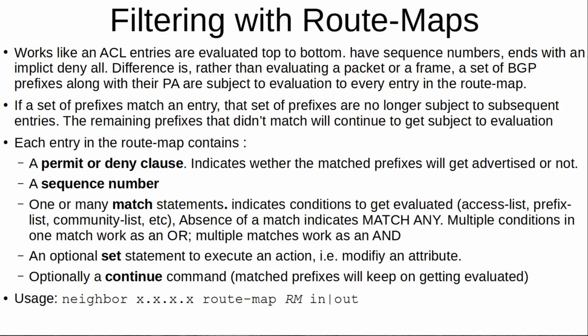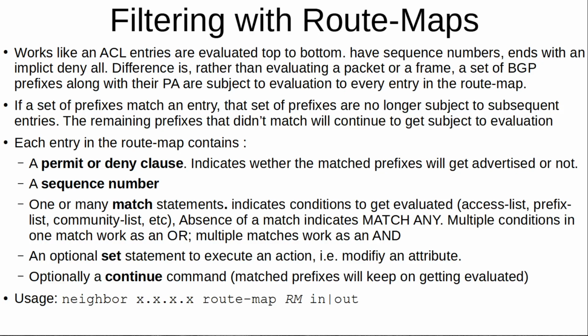So they are subject to evaluation by every entry within the route map. If a set of prefixes matches an entry, that set of prefixes is no longer subject to subsequent entries, just like a regular ACL, and the remaining prefixes that didn't match will continue to be evaluated.